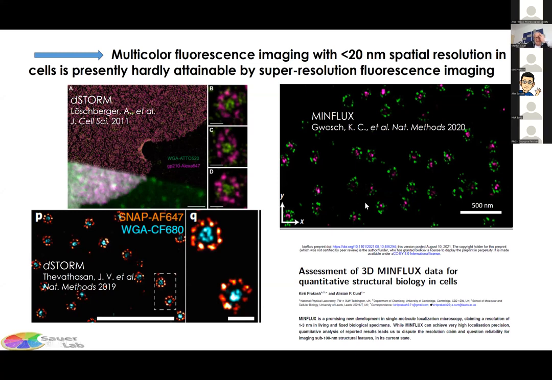But then MinFlux, even though the localization precision is dramatically higher, came up with these two color images, which show that for some of these nuclear pore anchoring nucleoporins the resolution seems to be super high, but the image quality is not better than in these previous works.